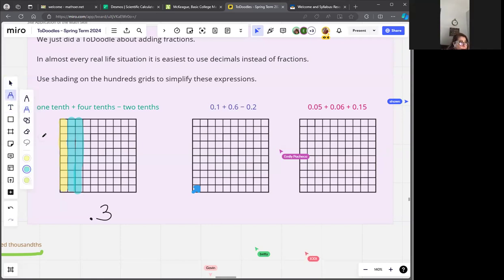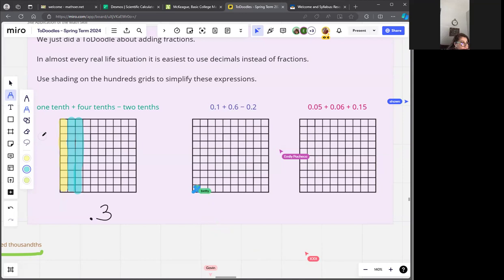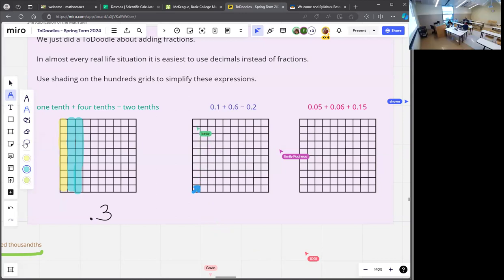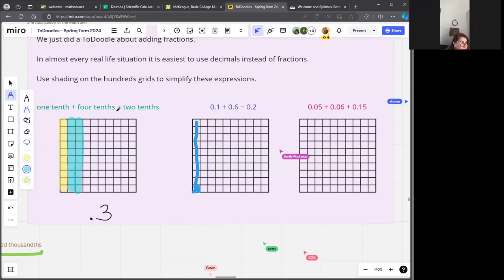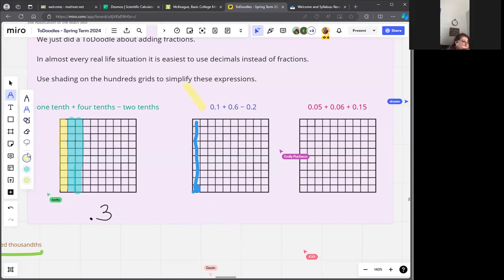Okay, so 1/10, right? Yes, the whole thing. Do you want me to shade for you? You did it fine. And then plus 6 more tenths.